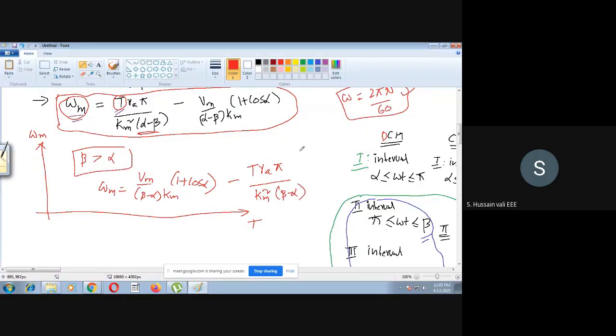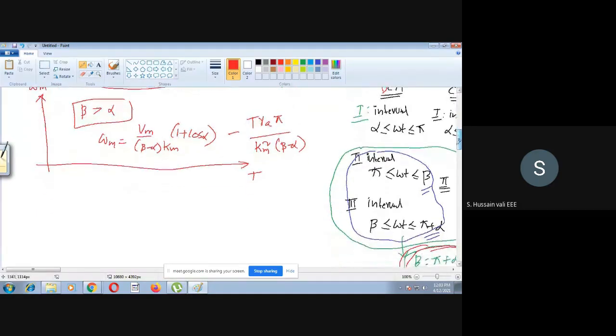So once we rearrange this expression, I will just draw the graph here once again between omega m and torque.